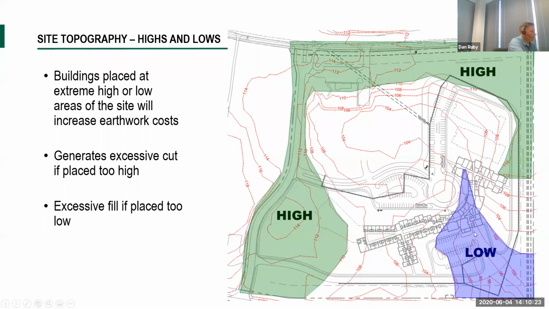And then conversely, if you were to want to site your building in the low area of the site, you're going to end up with excessive fills. Ideally, we're trying to balance the site, but taking that into consideration when we're siting the building will help ultimately on our earthwork costs.